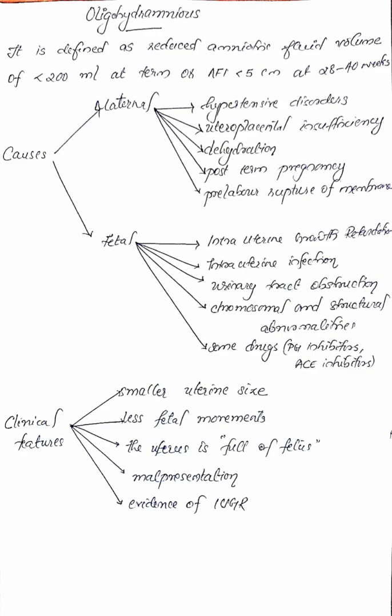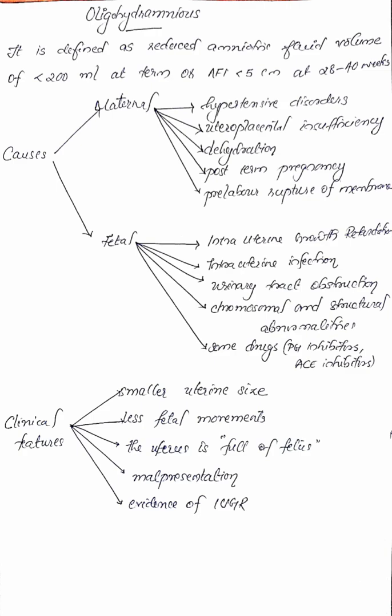When it comes to the clinical features, on inspection we can see the mother's uterine size will be very small. As there is not enough space for the baby to move, the fetal movements will be very less, and the uterus will feel full, as it is full with the fetus.